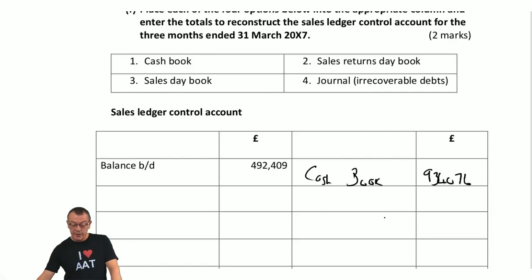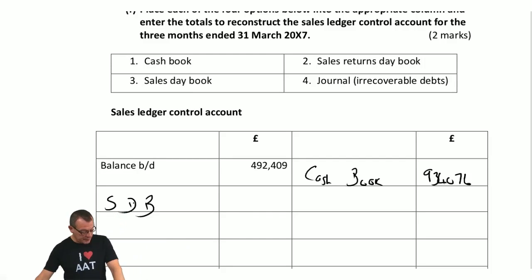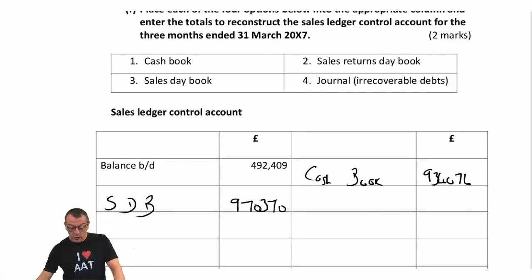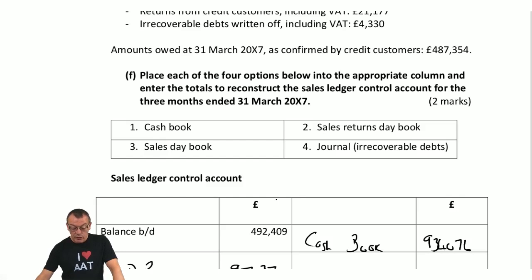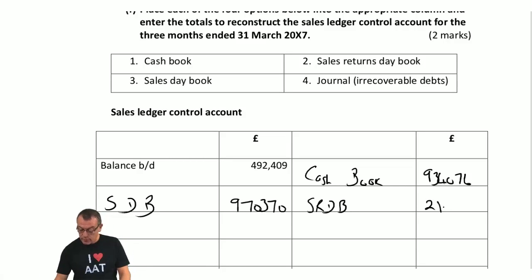So that would be the sales day book, SDB, we'll just use the abbreviation here. And that figure is 970,370. We've then got returns from customers. So sales returns, SRDB, 21177.